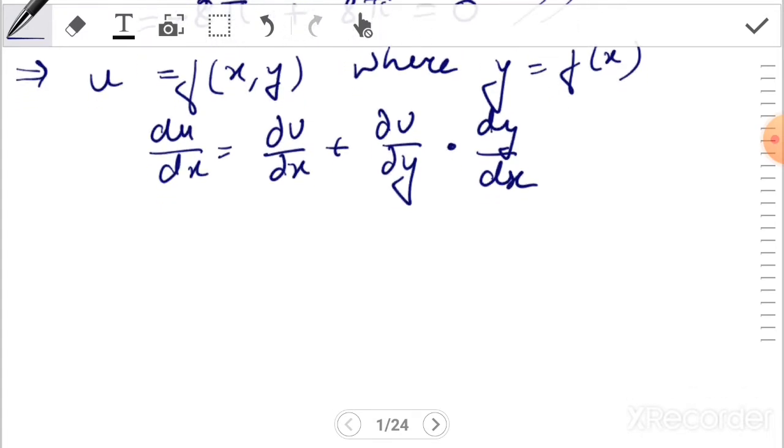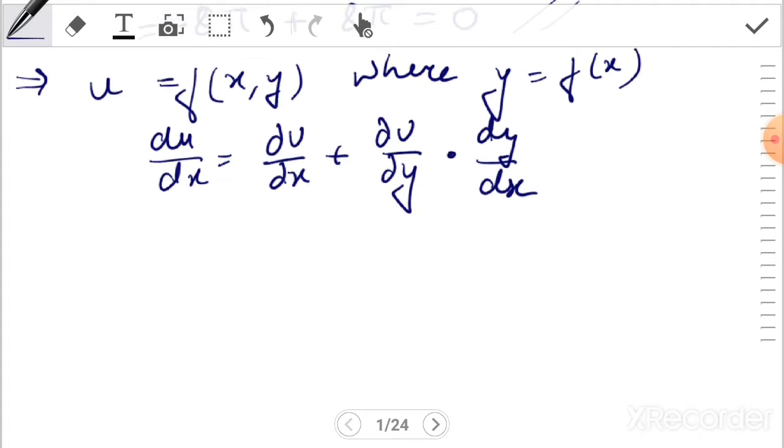So for example, suppose f(x, y), or u, is given as xy, and the rate of change of f with respect to x is the partial derivative of f with respect to x.